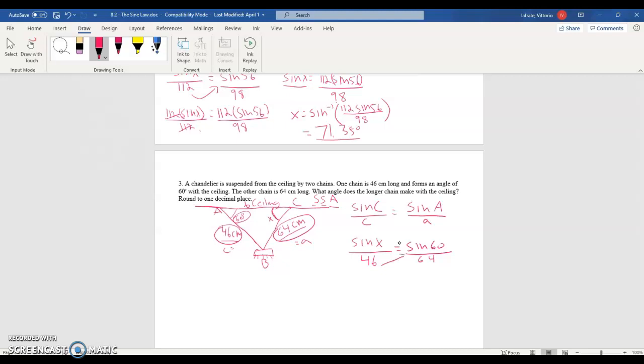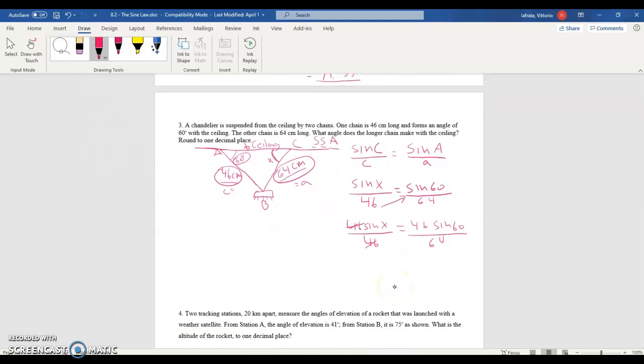Now I can solve for sine x by multiplying both sides by 46, or sending 46 over to the other side. And so I get 46 sine 60 over 64. These cancel out.